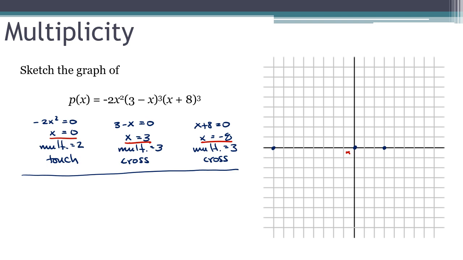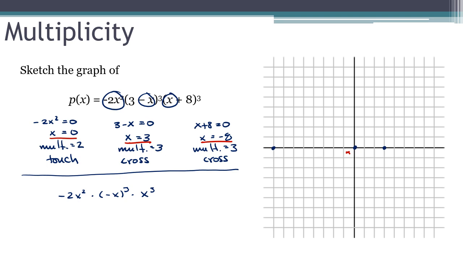Right, so now let's get the end behavior. I'm going to be looking here, here, and here. So we've got -2x squared times -x to the third times x to the third. -x to the third is still negative.